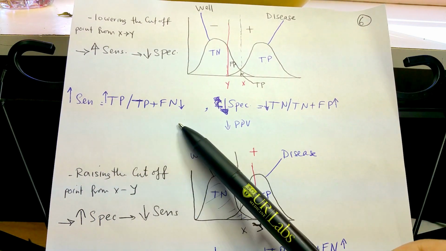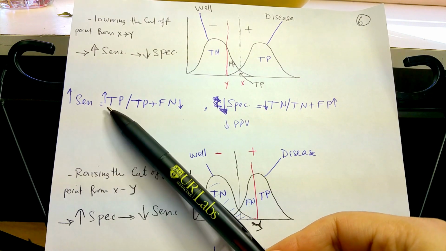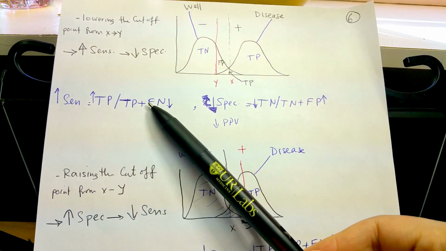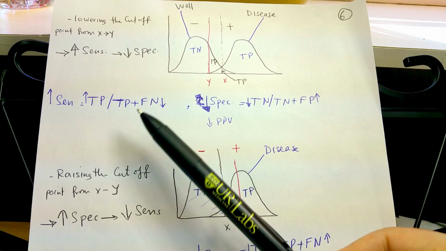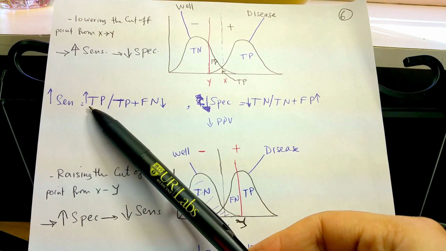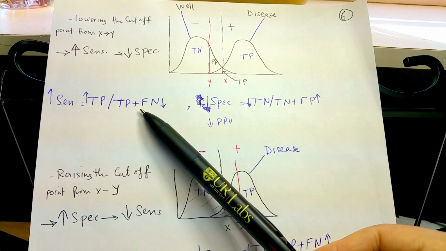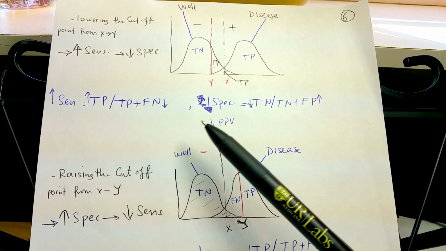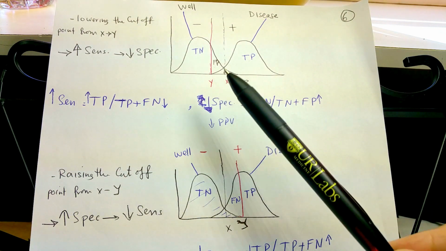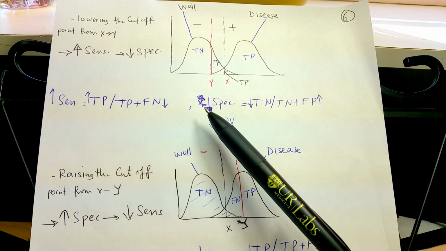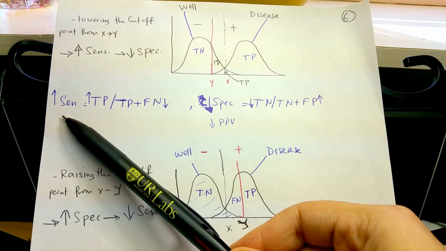So have the formulas here. Sensitivity is the true positive among all diseased. The sensitive people are diseased. So increasing sensitivity will increase the true positive and will decrease the false negative, and it will also increase the negative predictive value.